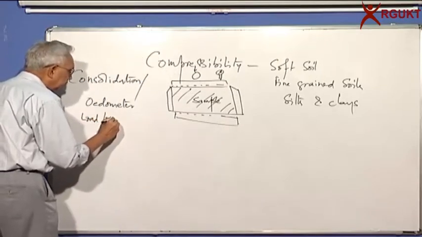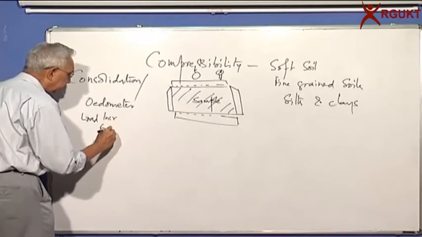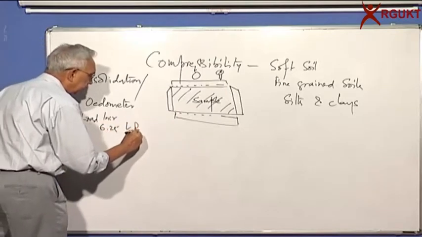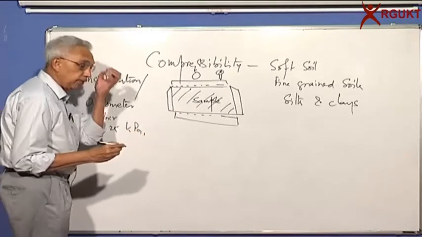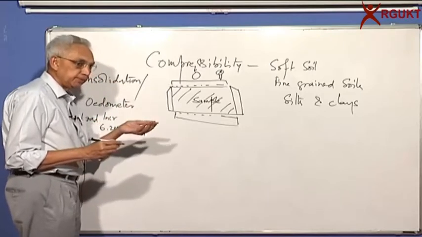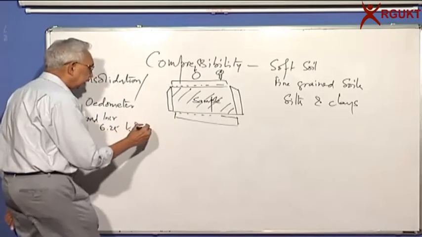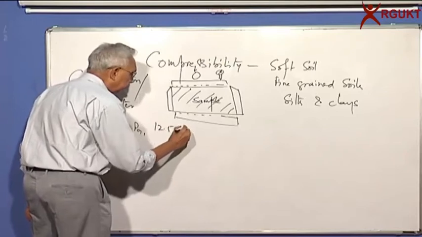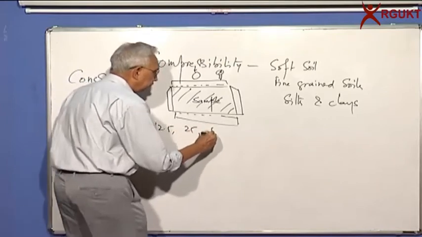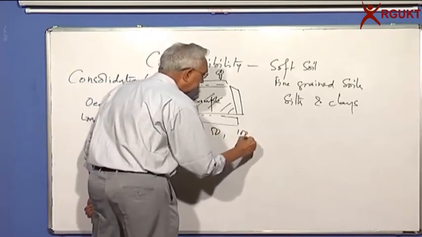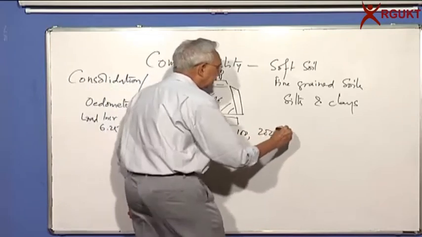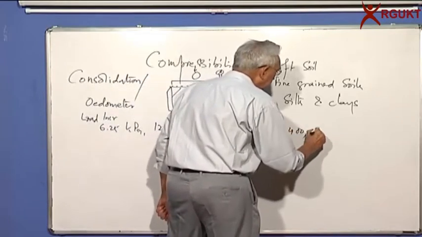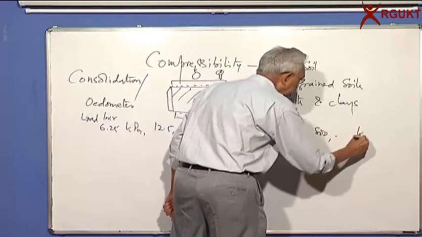And we increase the load in increments. We start with something like 6.25 kPa and we go in multiples of 2. We call them increments which are equal to the current load. So next would be 12.5, 25, 50, 100, 200, 400, 800, etc. kPa.